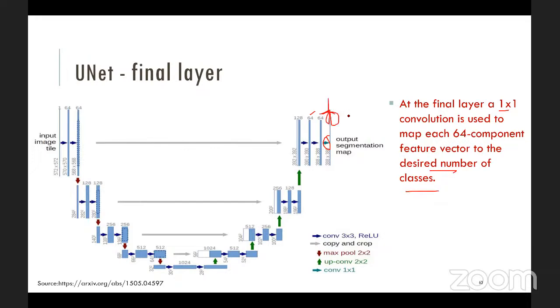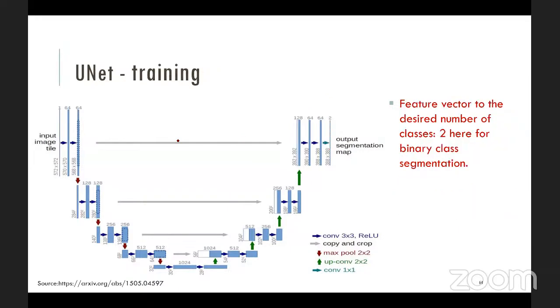Remember, if it is a binary segmentation, the example I gave you, that in the image we have two sorts of areas, so we want two maps for two classes. That is why the number is 2. In total, there are 23 convolutional layers used in this U-Net model.